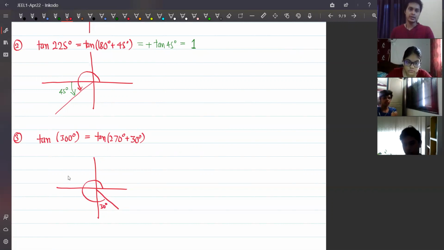But as I said, you have to measure the acute angle with the x-axis. That is 60 degree. So you can just write this as tan 60. And remember, tan is negative in the fourth quadrant. In the fourth quadrant, only cos is positive. So this will be minus tan 60. The value will be minus root 3.